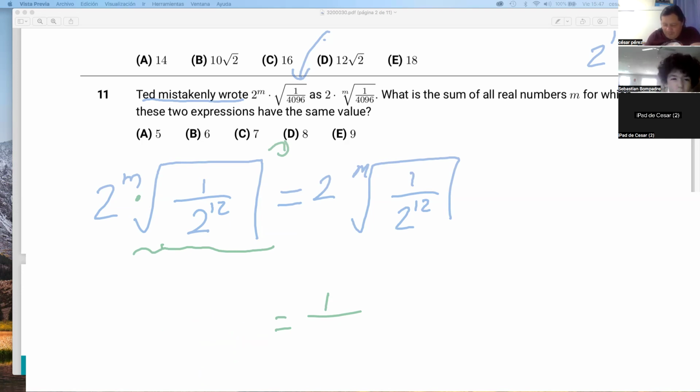That's one way. So we will have 2^m multiplied by 1 over 2^6. And we can write this in another simpler way: 2 to the -6.